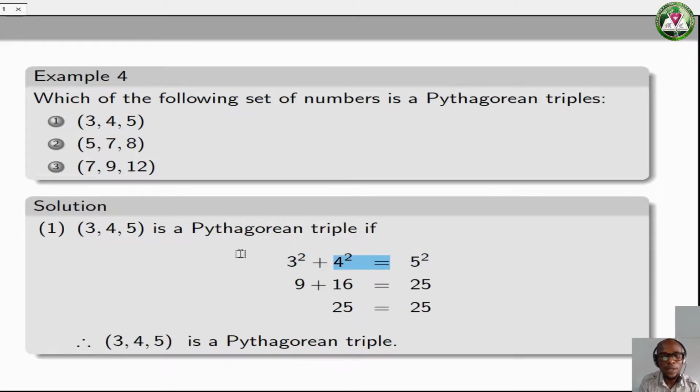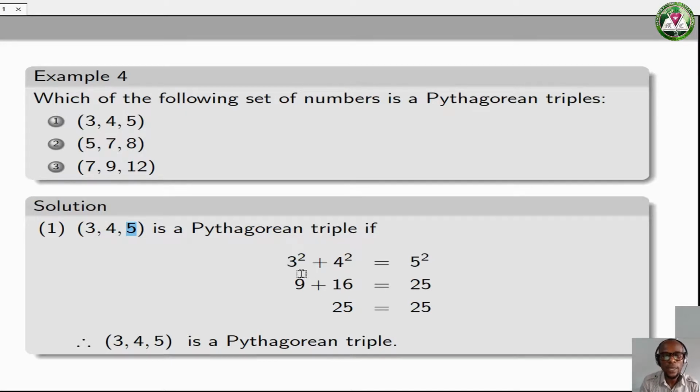These numbers are gotten from the set of numbers given in the question. So we pick the first number, 3, we square it, we add it to the square of the next number, 4, and equate it to the square of the third number. The third number is our hypotenuse. The first is the opposite, then the adjacent, then the hypotenuse. We put it in that order to see if what you have on the left hand side equals what you have on the right hand side.